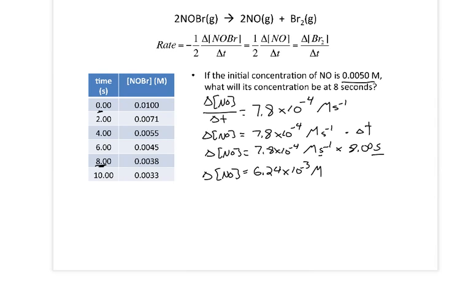Now I'm not quite done yet, because this is the change in concentration of nitrogen monoxide, right? But the initial concentration was not 0, it was 0.0050, so what we need to remember is that the change in concentration is equal to the final minus the initial. All right, so we just found the change in concentration. We're given the initial concentration, so now all we have to do is solve for the final concentration.